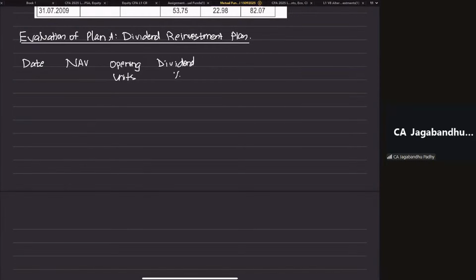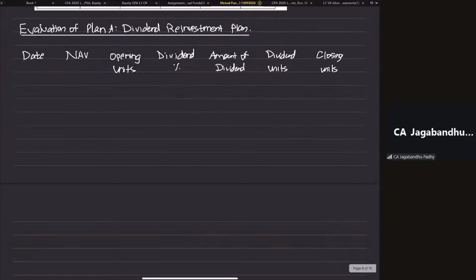Then we look at the amount of dividend, then dividend units, and finally the closing units. So we started with 1,499. NAV is 10, right? Opening units were nothing, and everything you got came by way of closing units, guys.